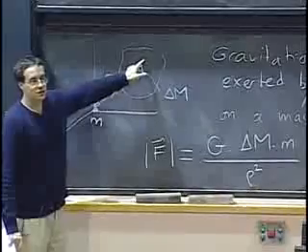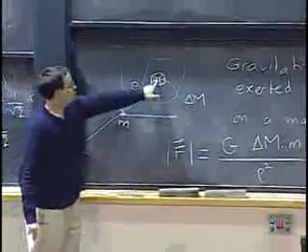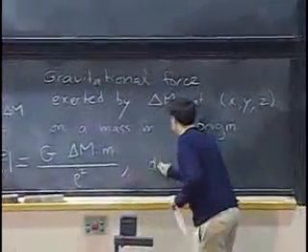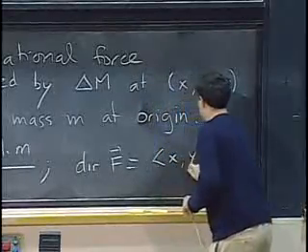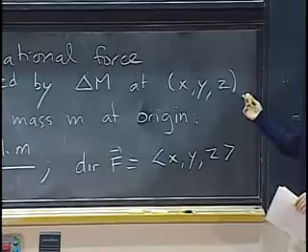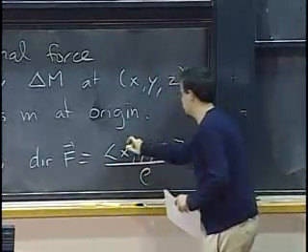But we also need to know the direction of the force. And the direction is going to be towards that point. So the direction of the force is going to be that of x, y, z. But if I want a unit vector, then I should scale this down to length 1. So let me divide this by rho to get a unit vector.